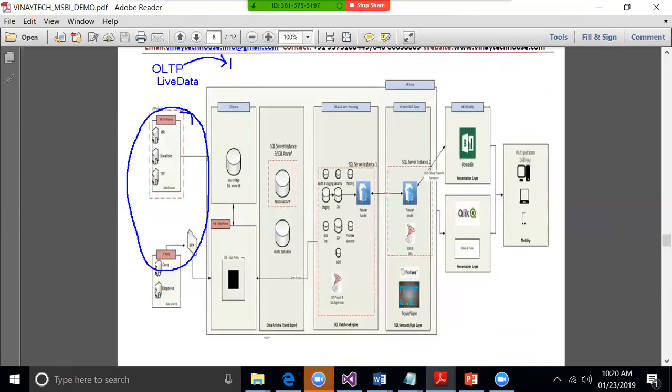Some companies move into ODS, some companies move into stage. This is one more stage, Stage 2. From there, where we are loading, is the place where we have the data warehouse.